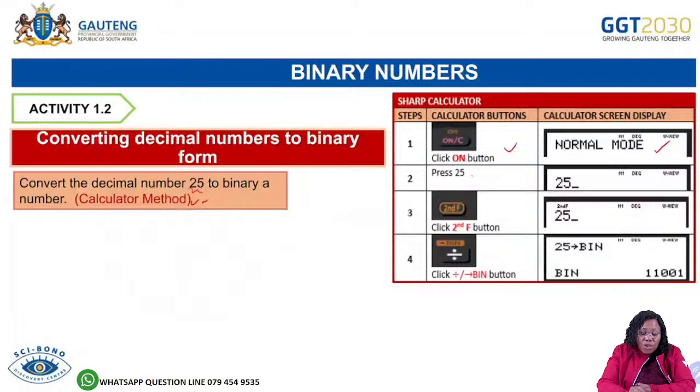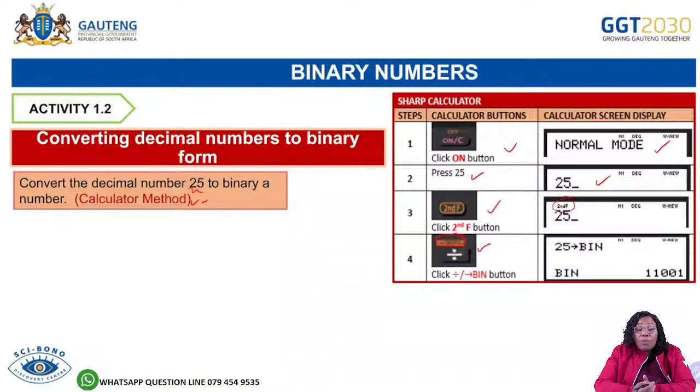And then punch in the 25 on your calculator, then it will be displayed as 25 on your calculator. And then you go to the second function button on your calculator, so it must appear on top of your 25 to show that you have now put in the second function. And then now you click on the division button. It is written arrow binary on top there, on your division button.